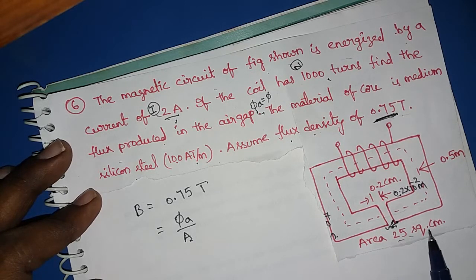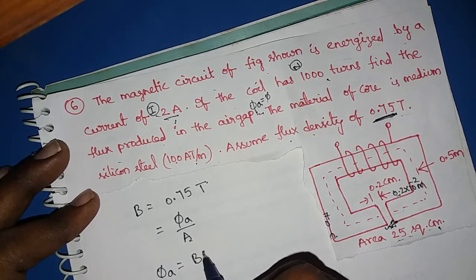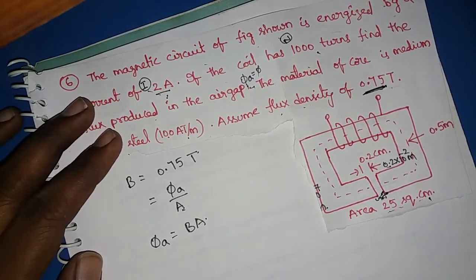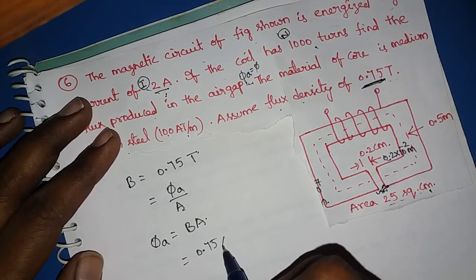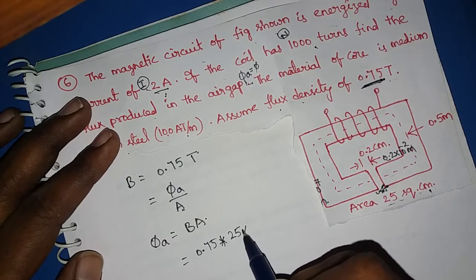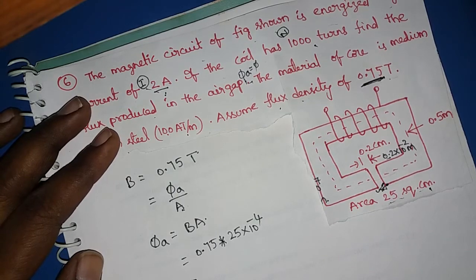A is 25 square centimeter. So hence phi is equal to B into A, where the value of B is 0.75 into A is 25 into 10 power minus 4 meter square.